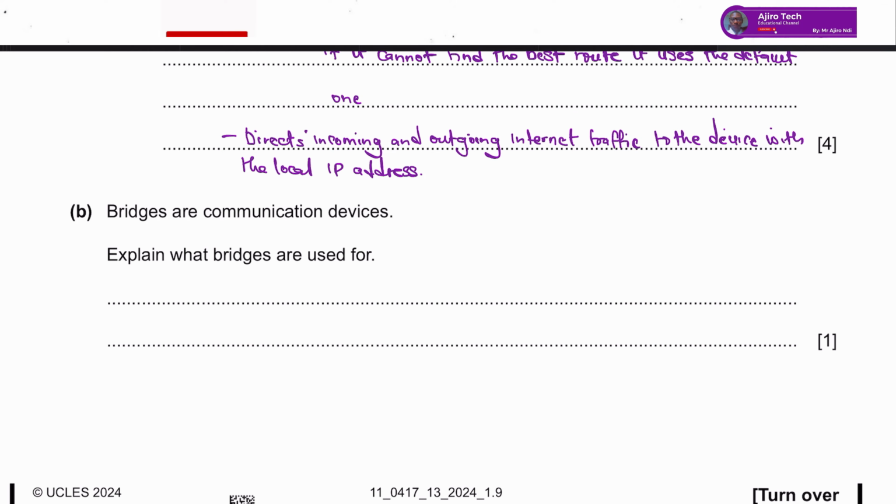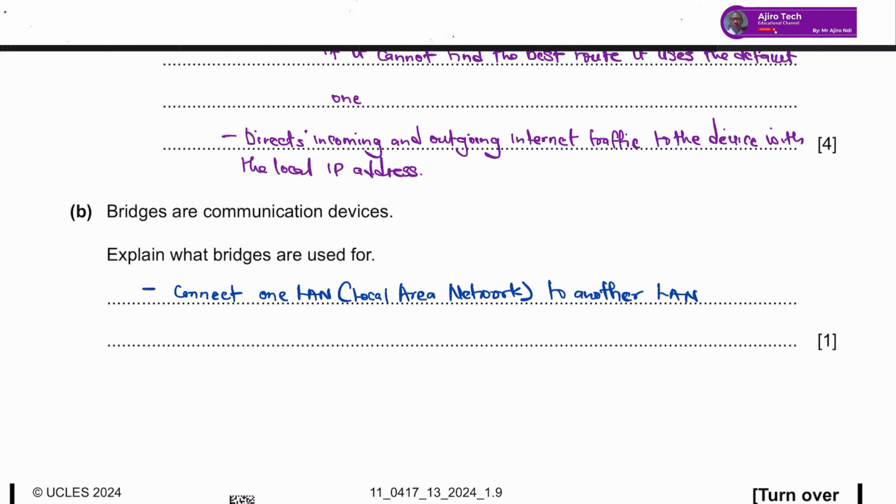Okay, to connect one LAN, which is a local area network, to another LAN.